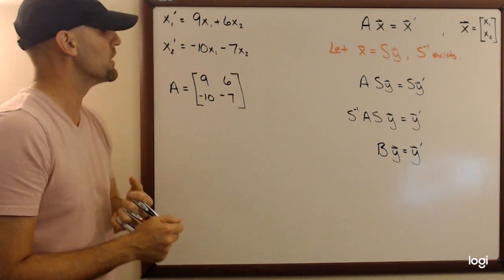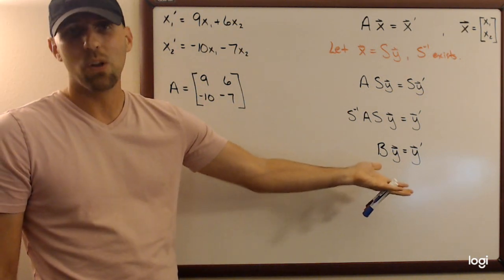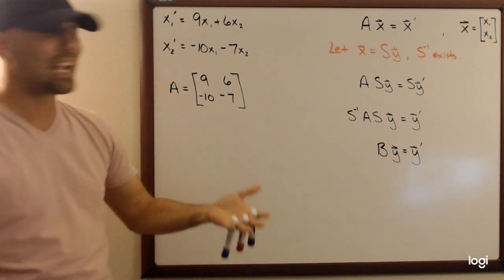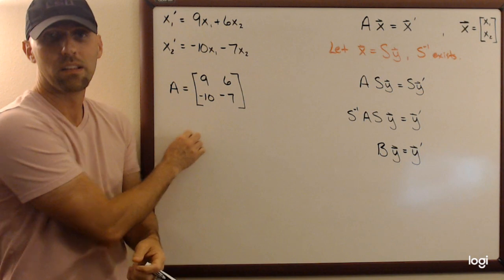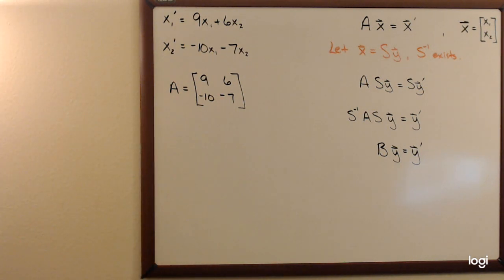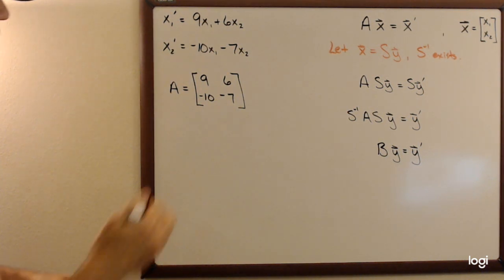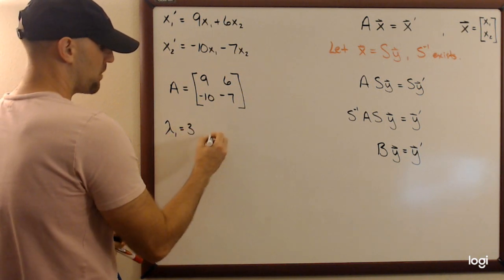Okay? All right, so I know how to do this. I know how to make a B which is diagonal. I got to use the eigenvectors and eigenvalues. Now, again, I'm going to write those down for A because, again, you guys know how to find those. Okay? The eigenvalues are 3 and -1.